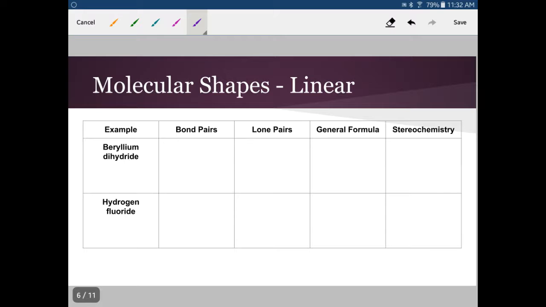So molecular shapes, we are going to start with linear, and we're going to try and go through this to make sure that it's clear as to where we get this molecular shape from, and we're going to try and derive a general formula that will maybe help us as we go through this unit to figure out our molecular shapes.